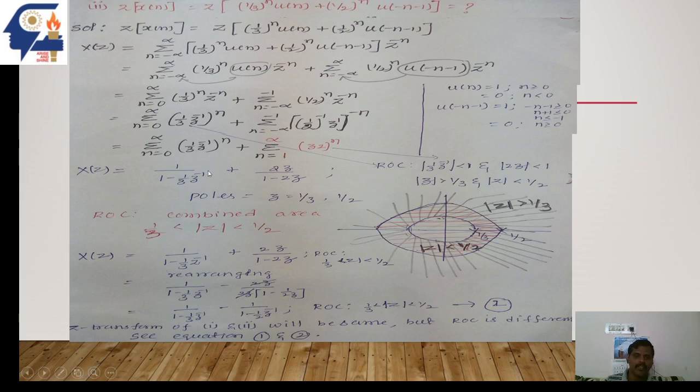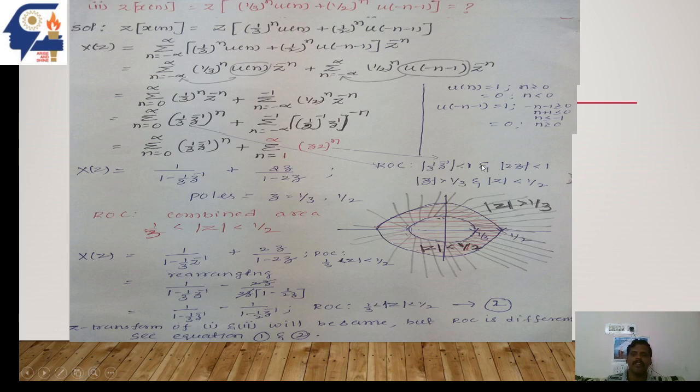Before going to the next step, we can find the ROC. ROC for the first one: the summation must be finite, which requires the mod of this entire expression to be less than 1. So mod of (1/3) z inverse must be less than 1, and the second summation is finite when mod of 2z is less than 1.